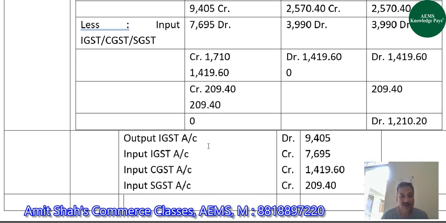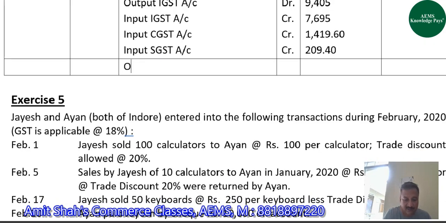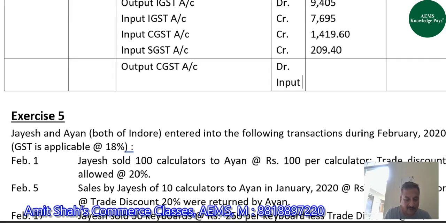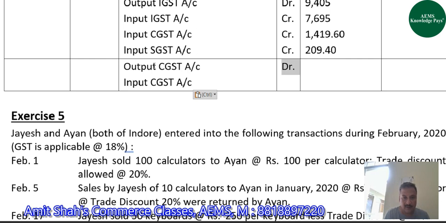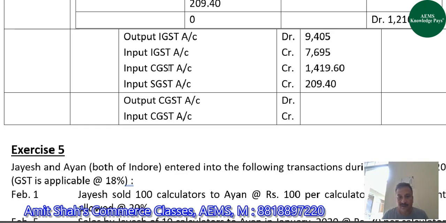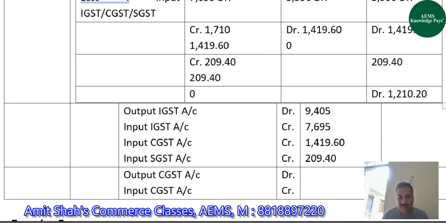तो सारे सीक्वेंसेस हैं गाइस आप लोगों के पास। तो अब हमें क्या करना बचा है? हमें सिर्फ दो काम करना बचा है गाइस। आउटपुट सीजीएसटी को इनपुट सीजीएसटी से एडजस्ट करना है, कितने अमाउंट से? 2570.4 से। इस तरह से हमारी आउटपुट सीजीएसटी की पूरी लायबिलिटी खत्म हो जाएगी। सो आउटपुट सीजीएसटी अकाउंट को हम डेबिट करेंगे और इनपुट सीजीएसटी अकाउंट को क्रेडिट कर देंगे विद 2570.40.